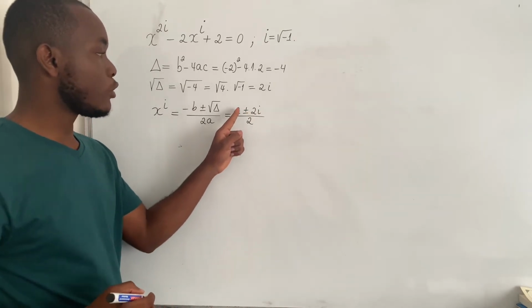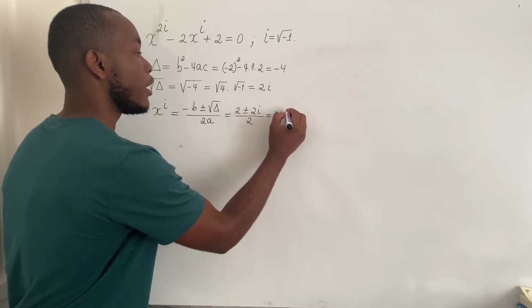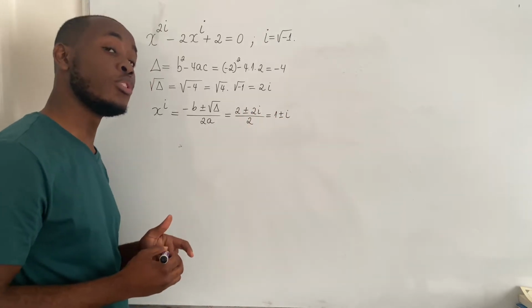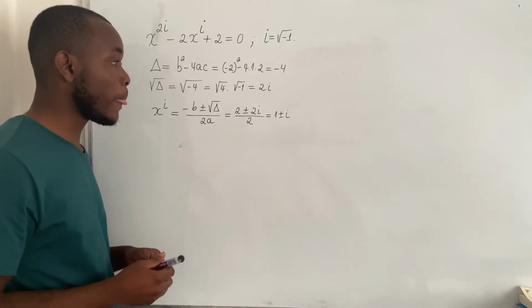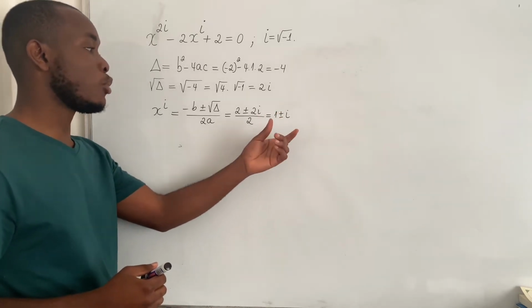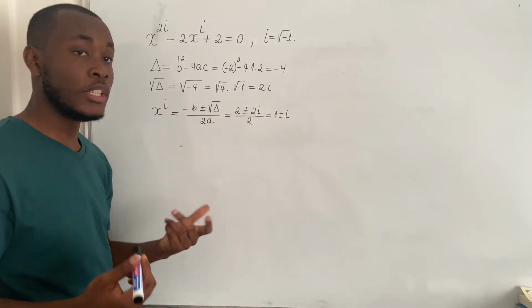If we factor out 2 on top, it simplifies with the 2 in the denominator, and we get 1 plus or minus i. Now we have plus or minus, so we have to find the value of x for the plus first, and then for the negative.